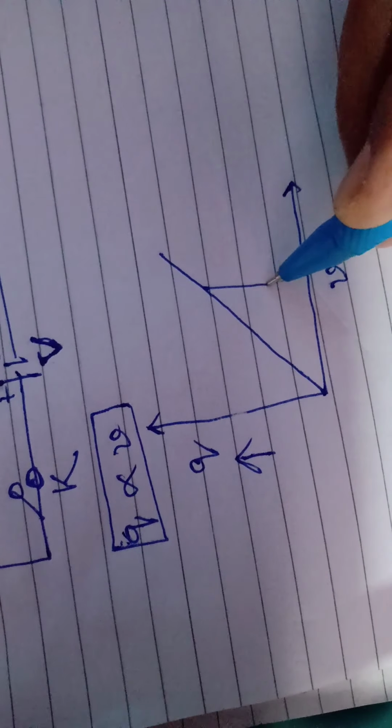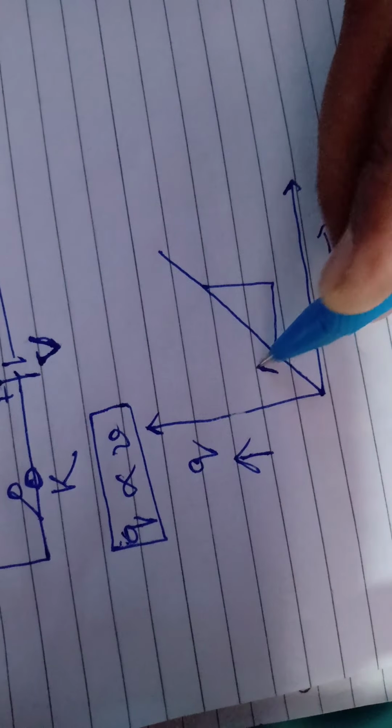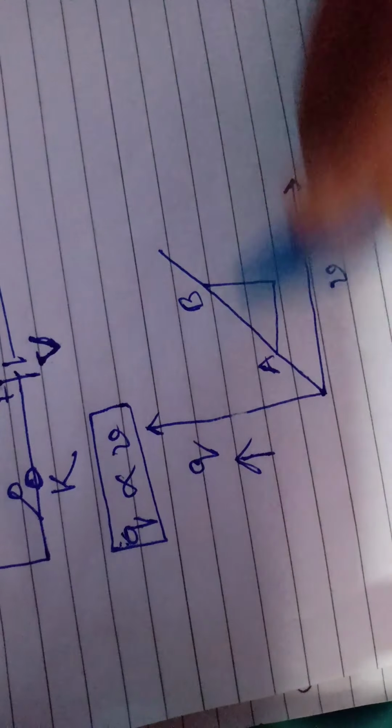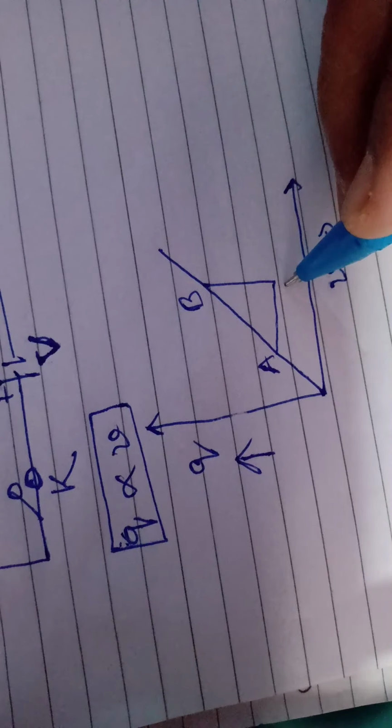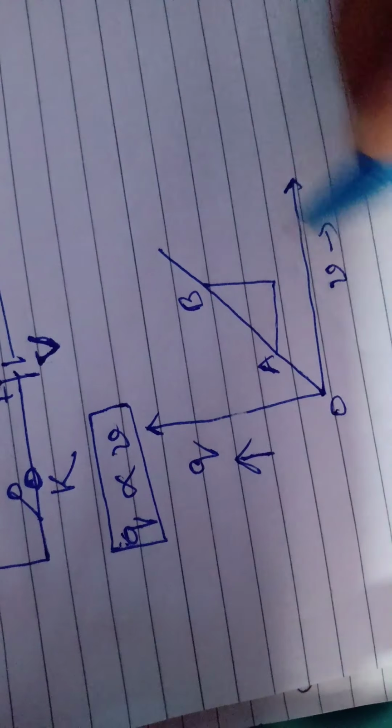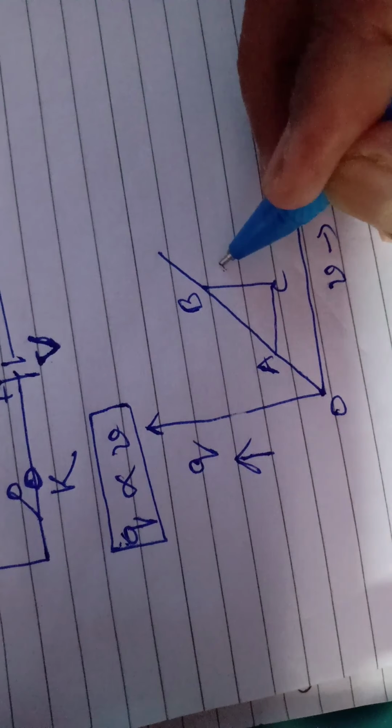Now if we find out slope between points A and B of this straight line graph, what do we get?